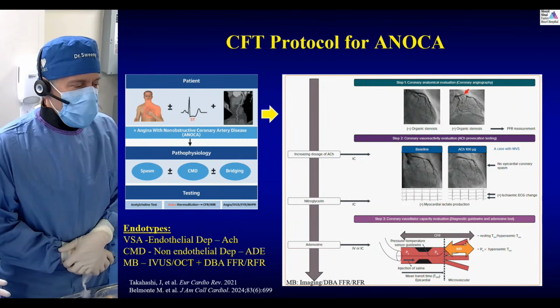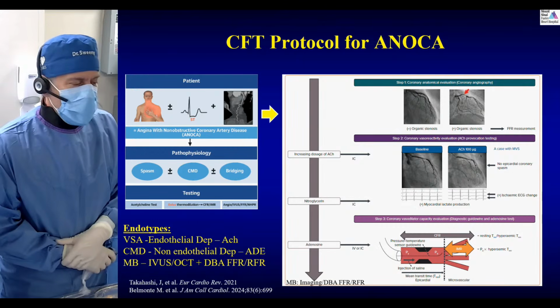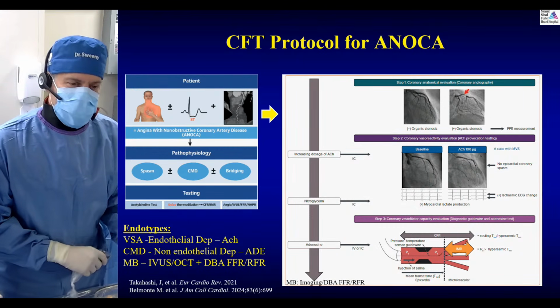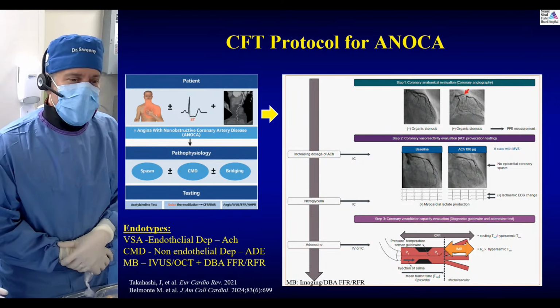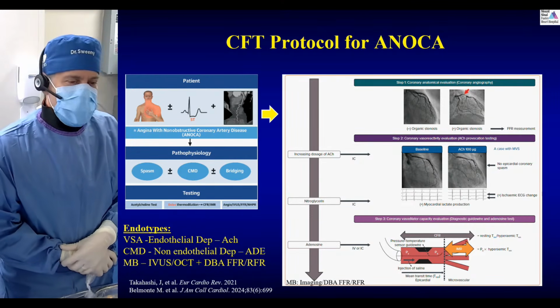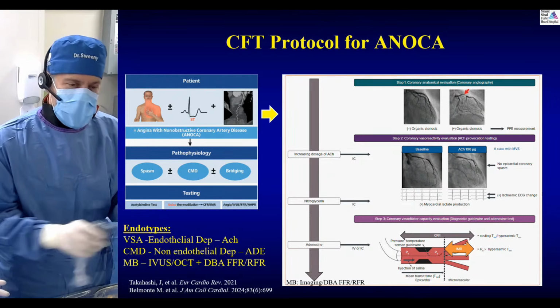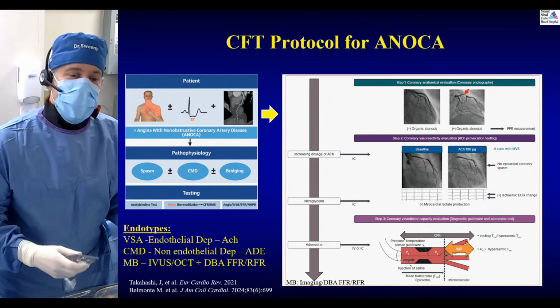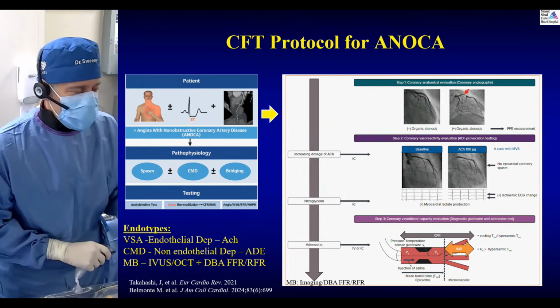So the protocol is we do a diagnostic angiogram, we then go up with a guide, and then we proceed with acetylcholine infusion through the coronary guide into the left system. We infuse for about a minute, and then we test an EKG, and then we repeat an angiogram looking for angiographic evidence of spasm.